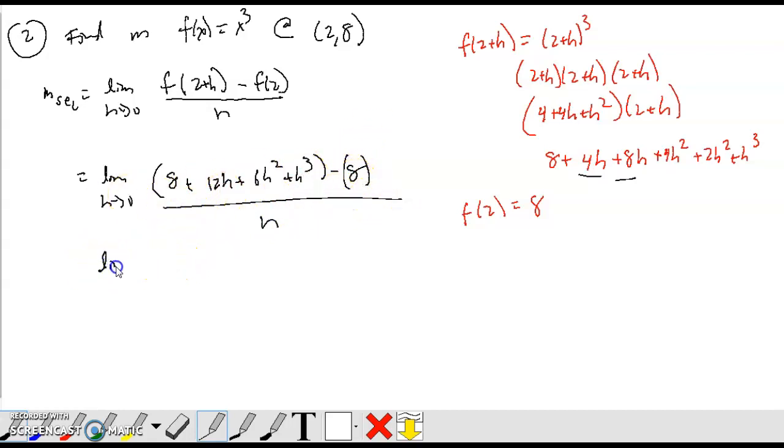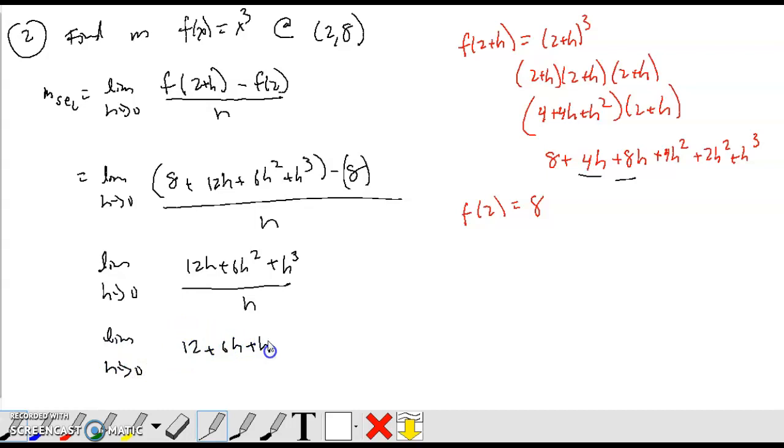So this is just going to be the limit as h approaches 0 of just 12h plus 6h squared plus h cubed, all over h. The h's go away, so the limit as h approaches 0 of 12 plus 6h plus h squared. So when I plug in a 0 now for this problem, 12 plus 0, this answer will just be 12.